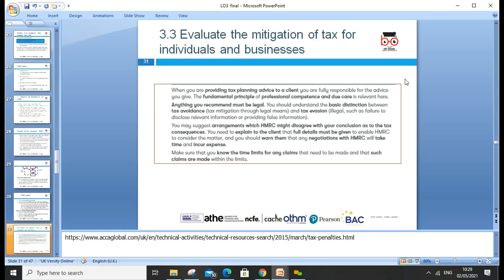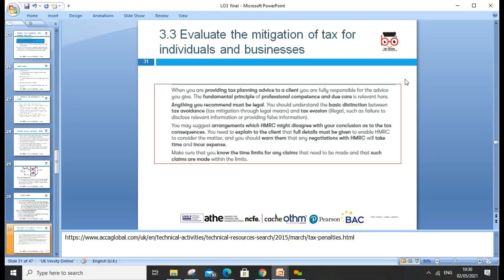Okay, next please, 3.3: evaluate the mitigation of tax for individuals and businesses. When you are providing tax planning advice to the client, you are fully responsible for the advice you give. So what fundamental principles do we need to keep in mind? Professional competence and due care are relevant here.